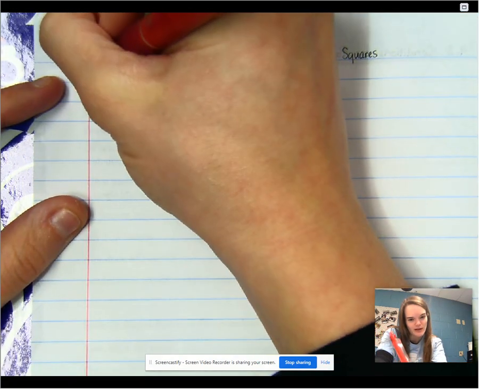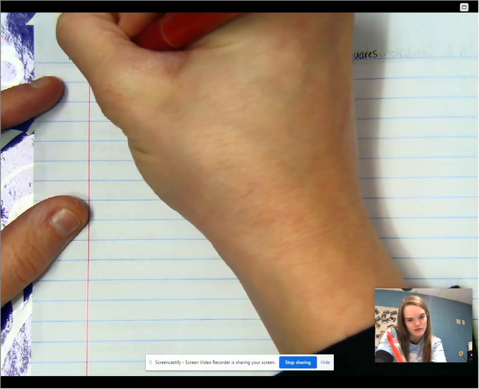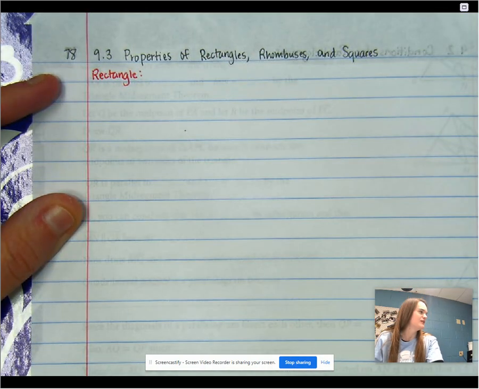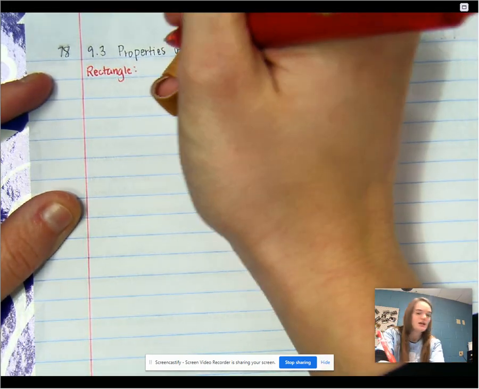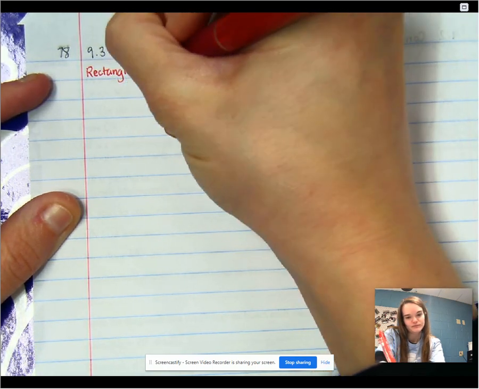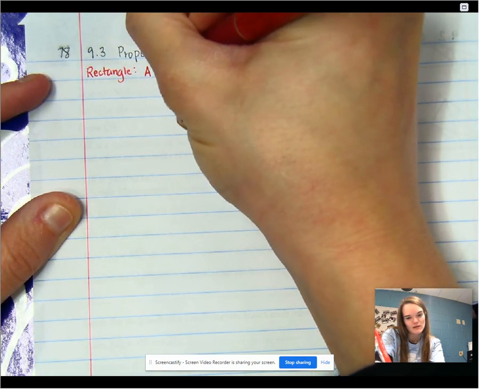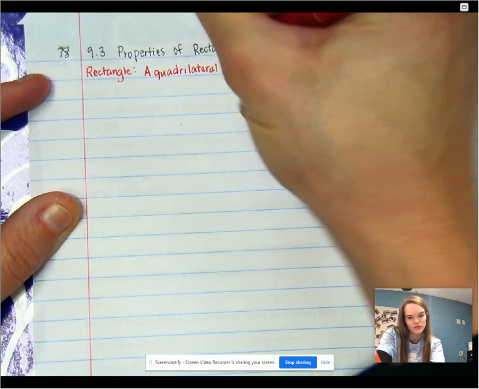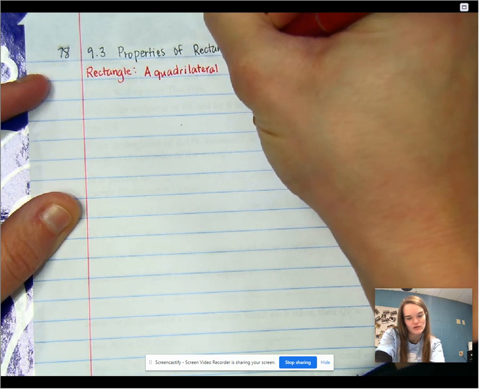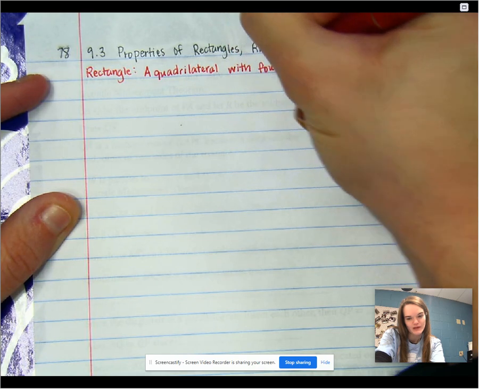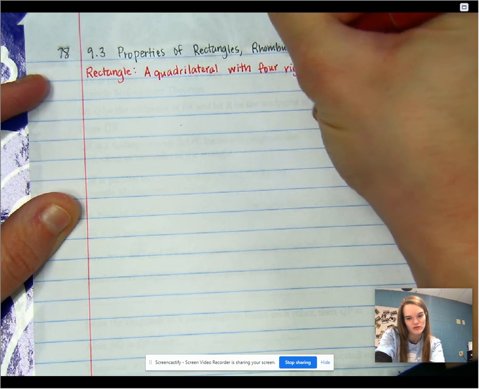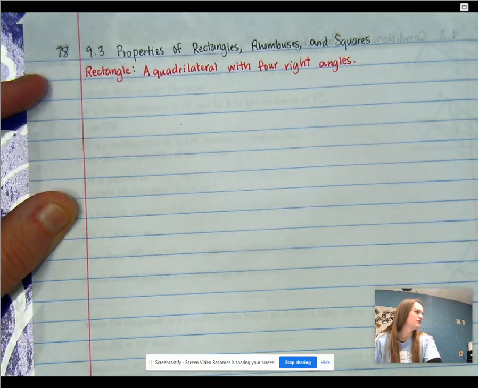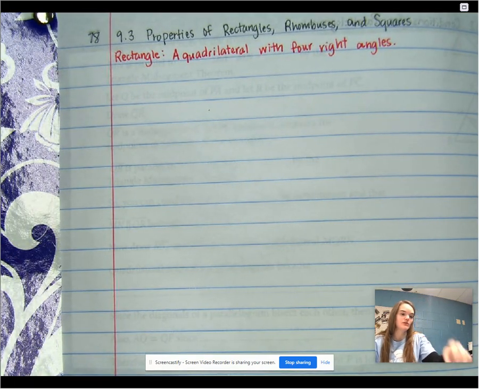But first of all, let's talk about a rectangle. I'm pretty sure you already know what a rectangle is. The definition of a rectangle is a quadrilateral with 4 right angles. That's all the definition gives you. Important to know, as always, what the difference between the definition and the properties are.